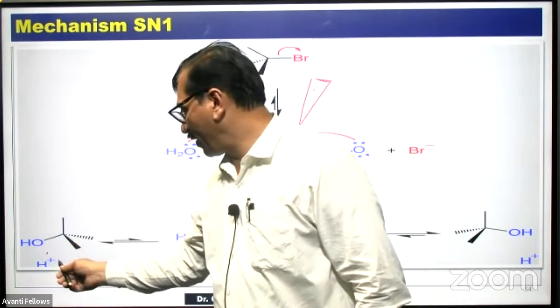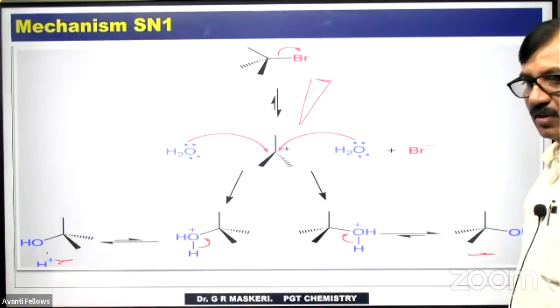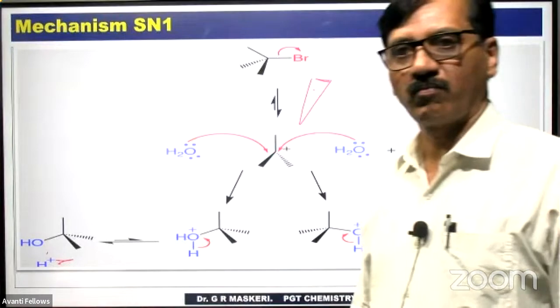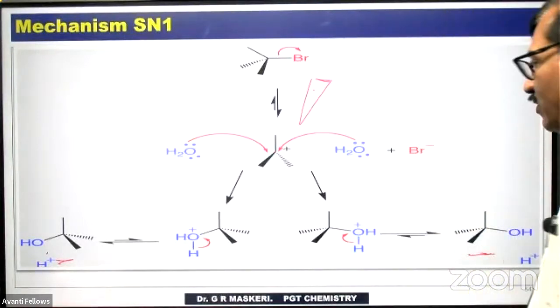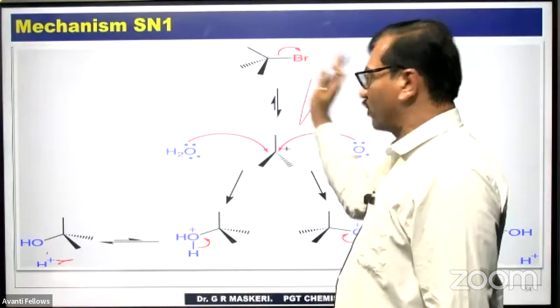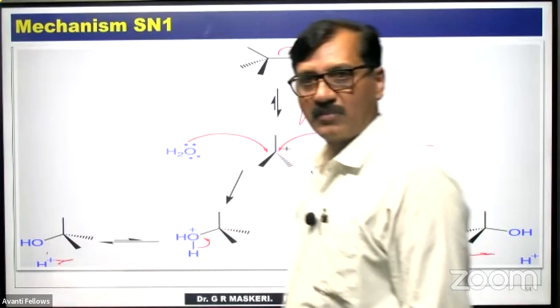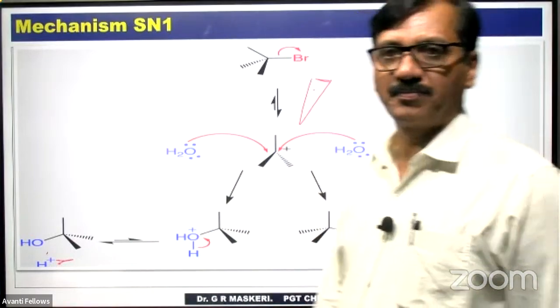Now look at this geometry and this geometry. Is there any change? Look at this. Br is projecting to the right side, but here it is to the left side, and here it is the right side.